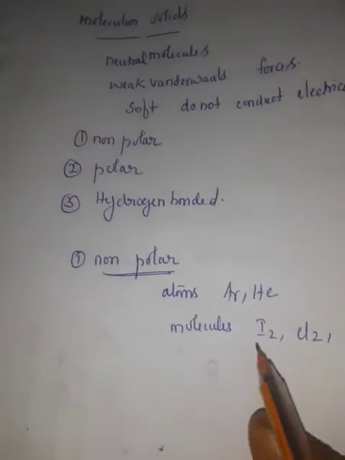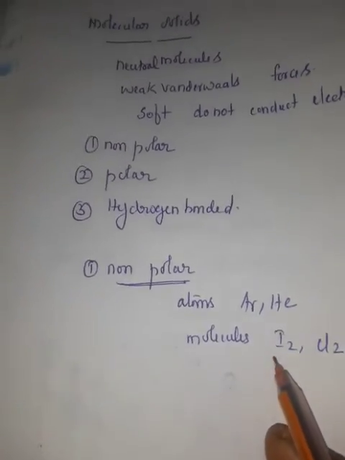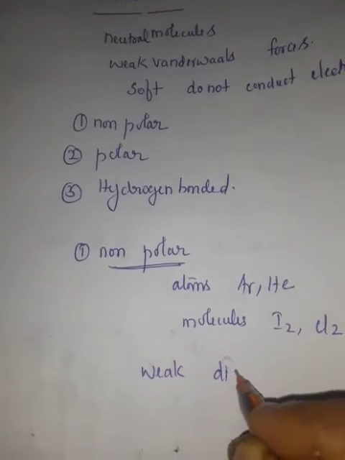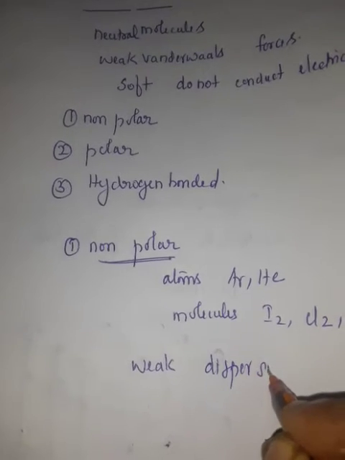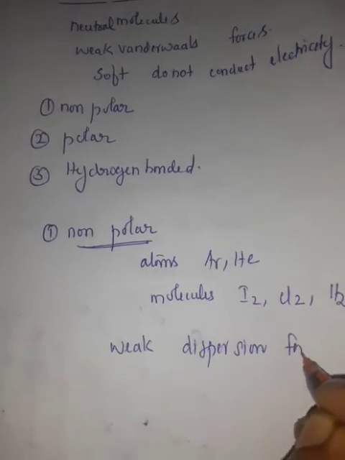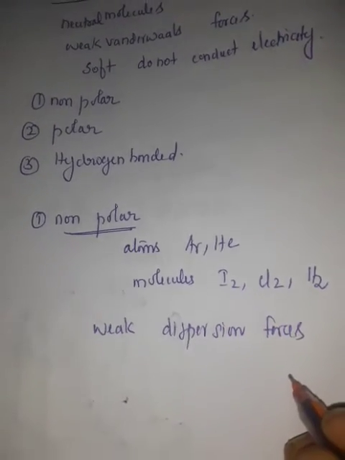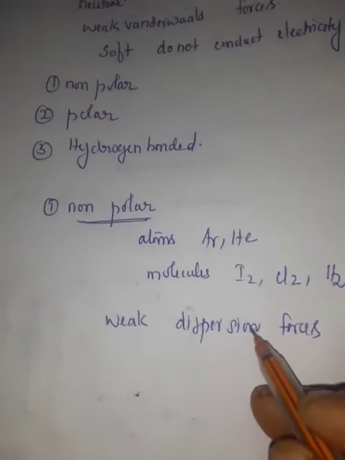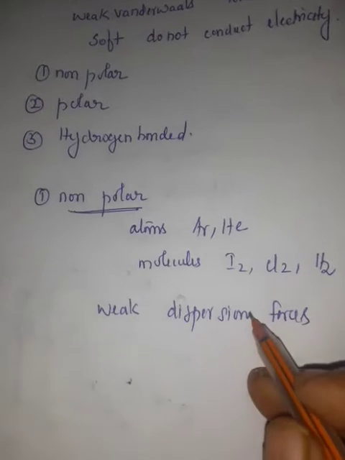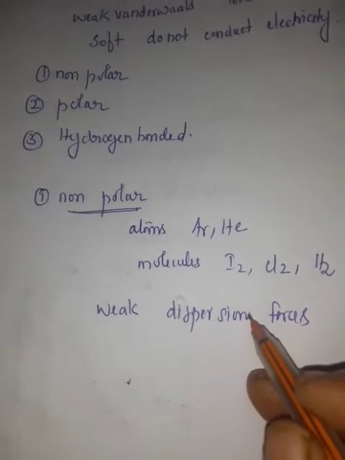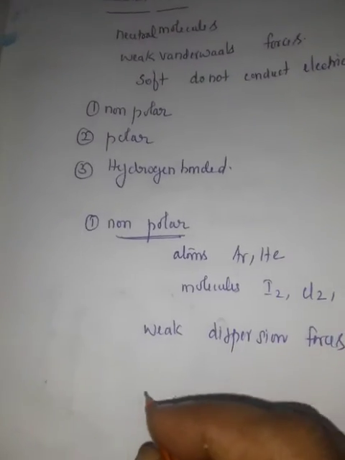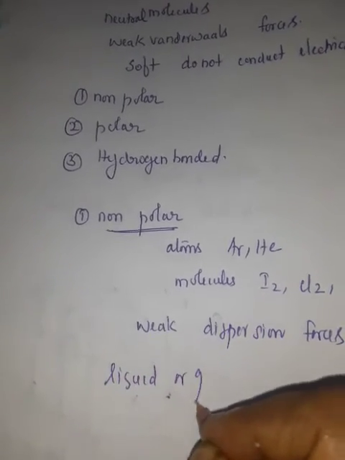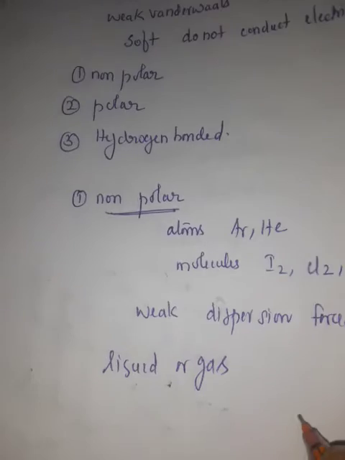So here these atoms or molecules are held by weak dispersion forces or London forces. These solids are soft, non-conductors of electricity. They have low melting point and they are usually liquid or gas at room temperature and pressure.